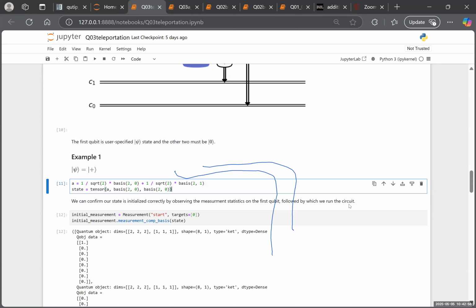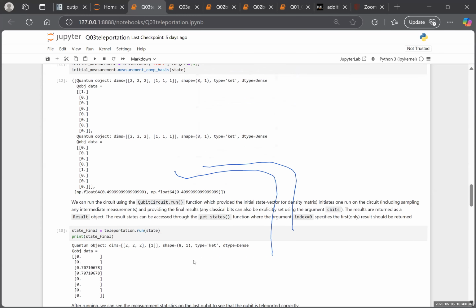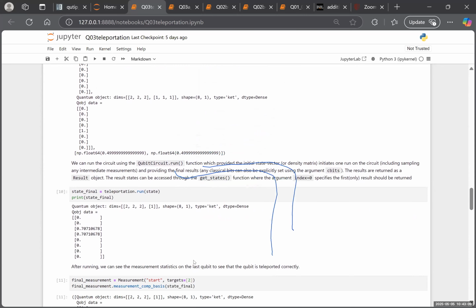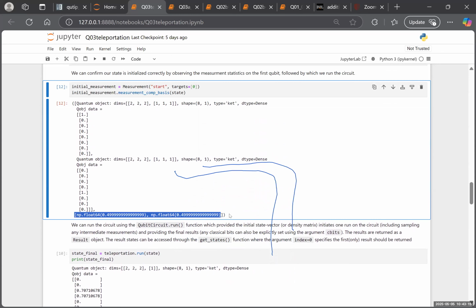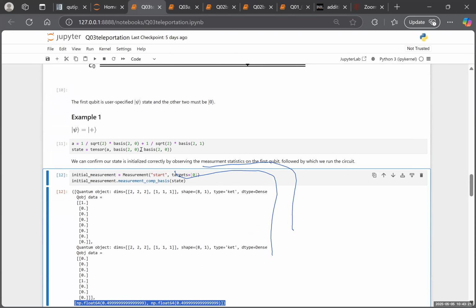Okay, followed by which we run the circuit. Yeah, so this is the measurement. This is the probability of 0 and 1. This is a plus state.